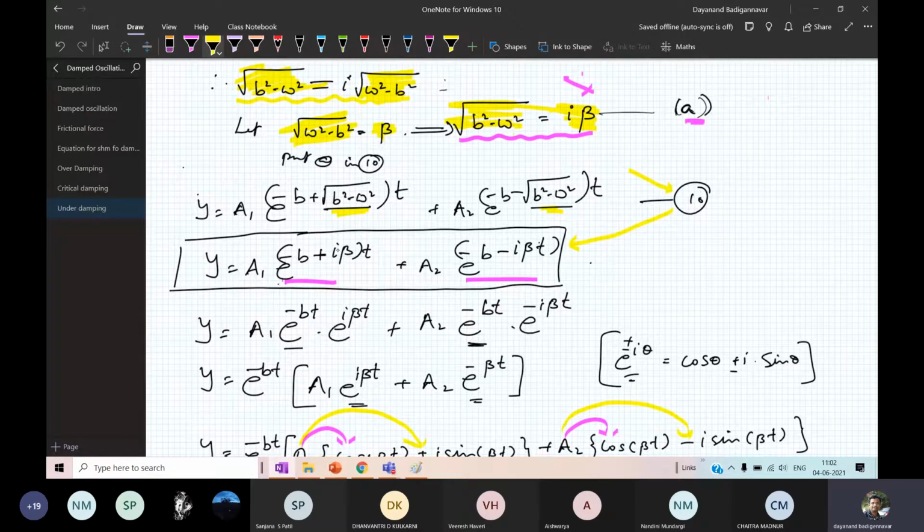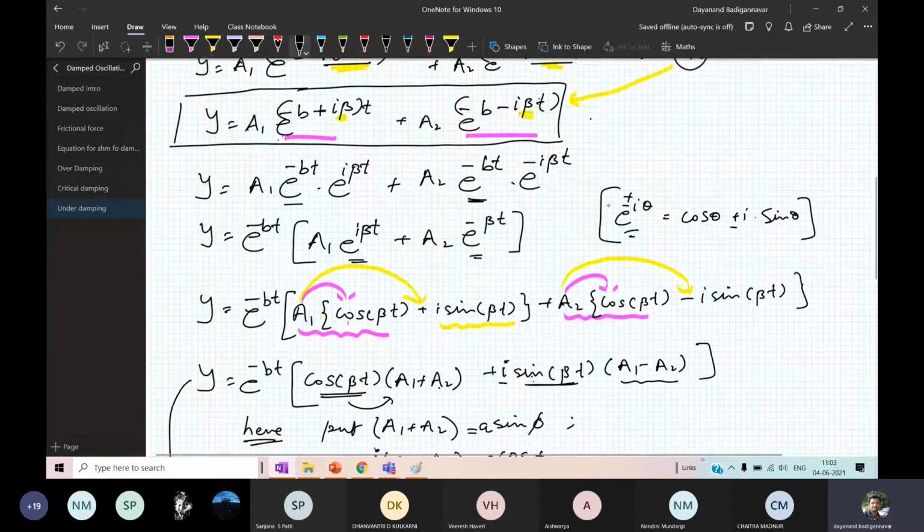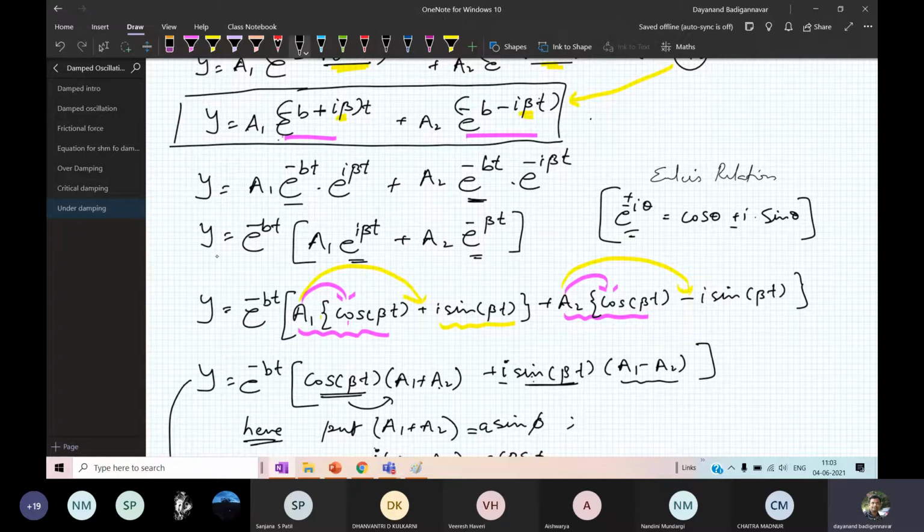After doing the substitution, I have used Euler's relation. You have already learned this in your PUC level. This is Euler's relation. So it is given by y equal to e raised to minus bt into a1 e raised to i beta t plus a2 e raised to minus i beta t.